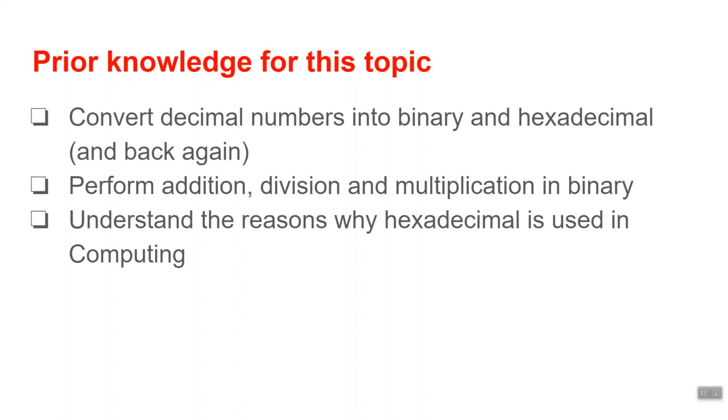If you aren't comfortable with that, you might want to look at some of the AS work we've posted on Classroom earlier, and maybe look back at some of your GCSE work, because this was all covered there. You should be okay with addition, binary, hex conversion, the reasons why we use hex, etc. If you're okay with all of those topics, then we'll carry on and get started.